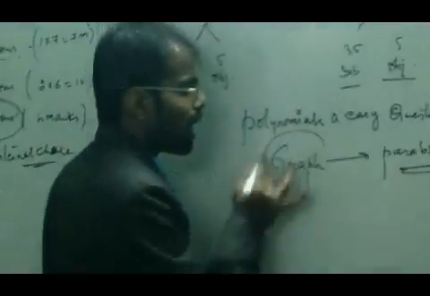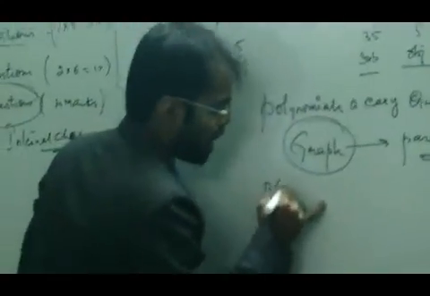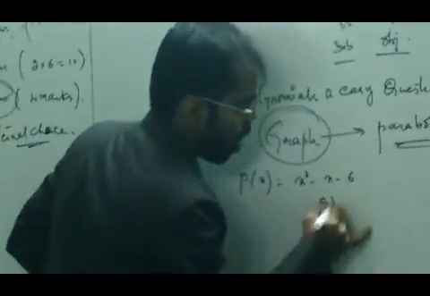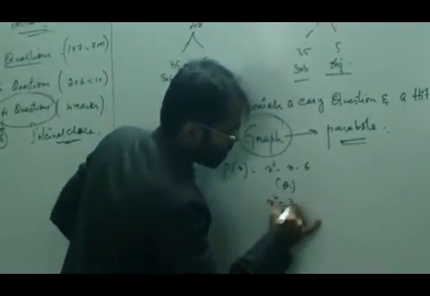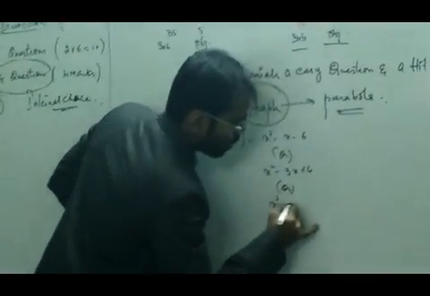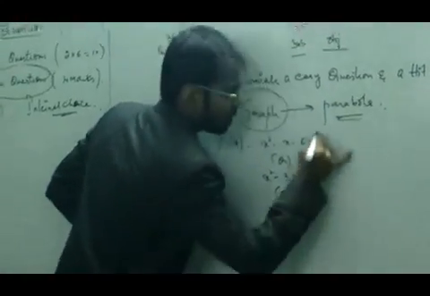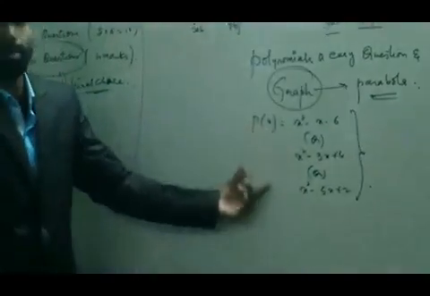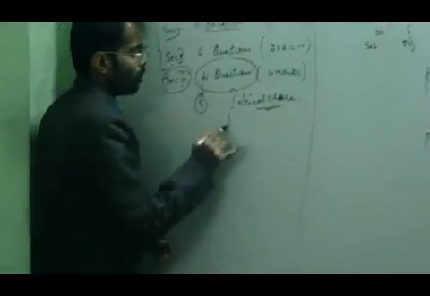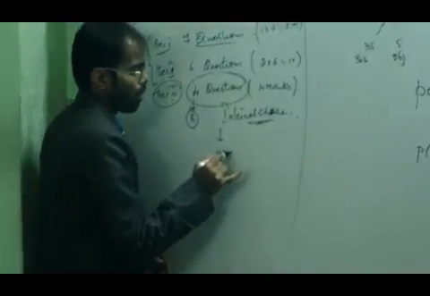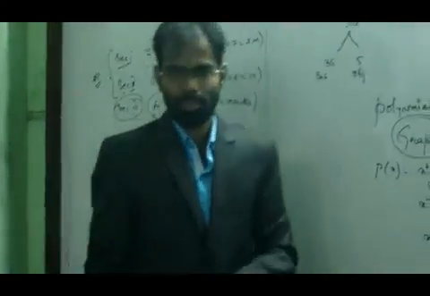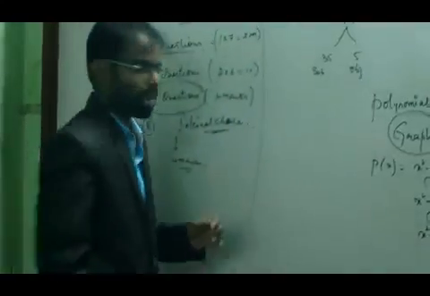If you go for a graph, that means p of x is equal to x square minus x minus 6, or x square minus 3x plus 4, or x square minus 5x plus 2. This kind of question you will be getting in section 3, 4 marks. And I'll tell you the question number.